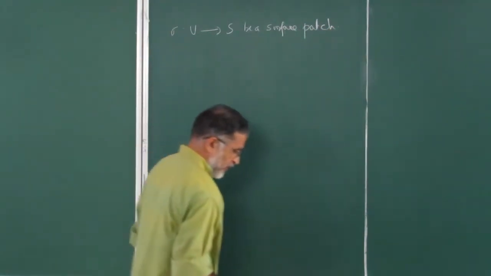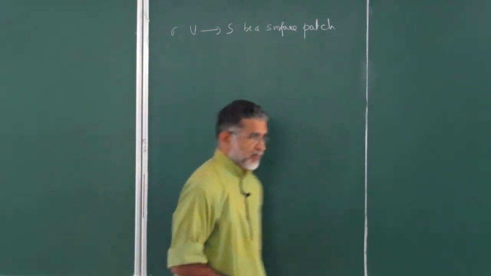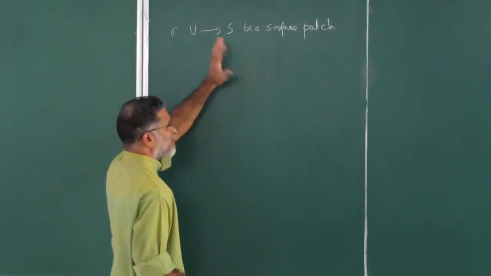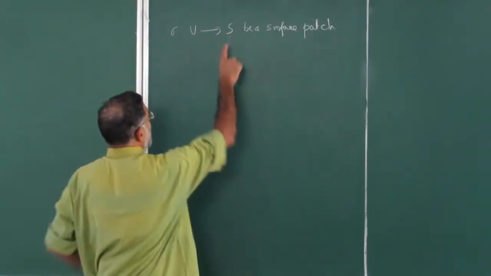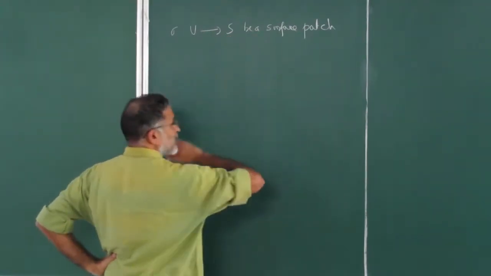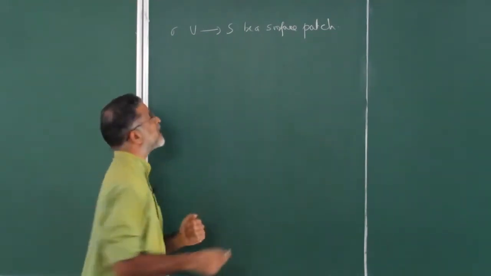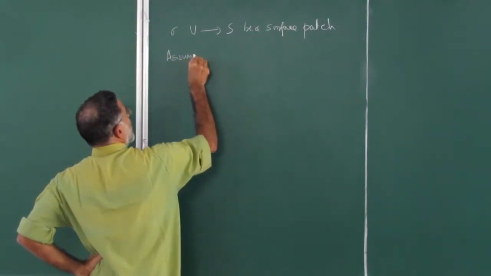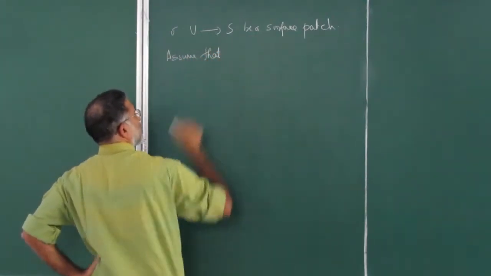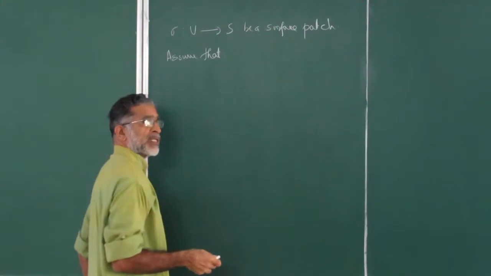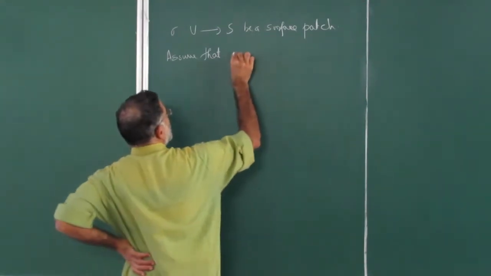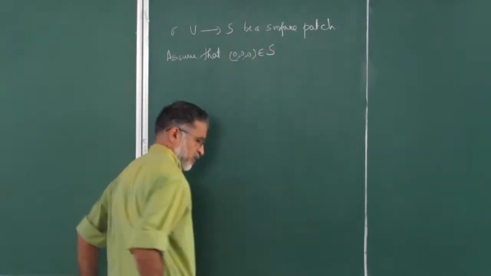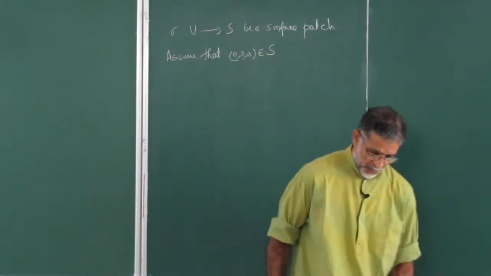We want to study the surface at some point P. Any point you can take, but you translate it to the origin. So the point that we want to study, we translate to the origin. You just assume that this is on the surface to start with, so we are going to study the behavior at that point.